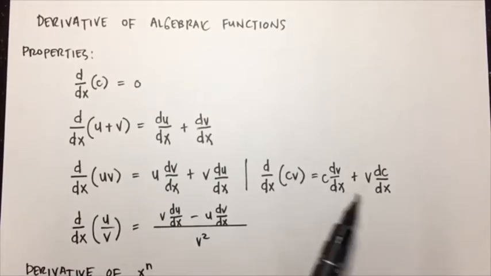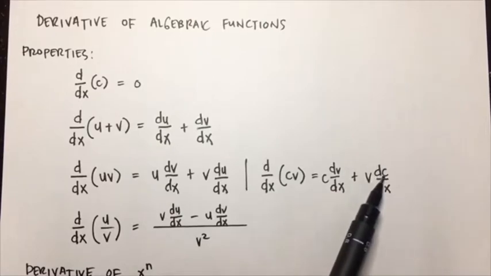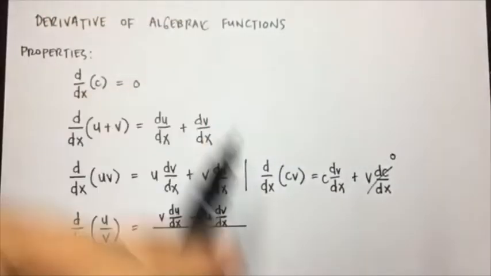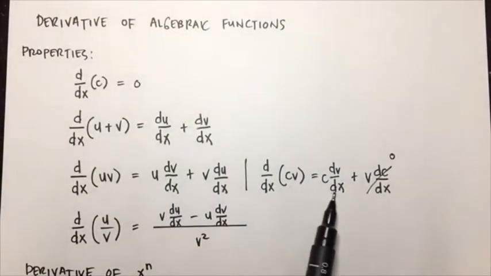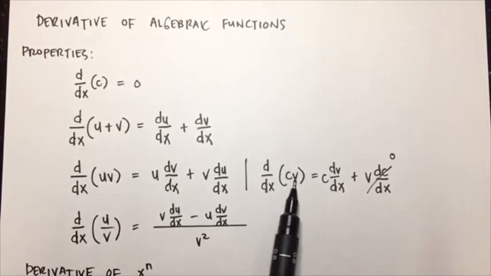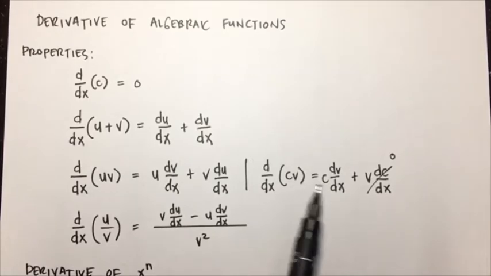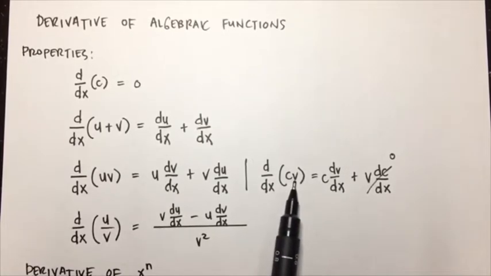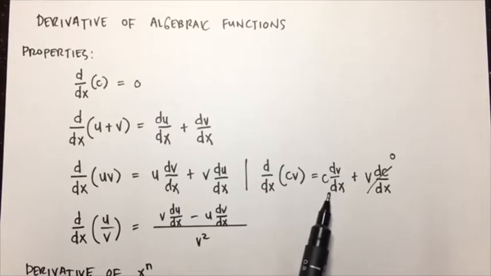But since we know that the derivative of a constant is 0, what will remain is this one. Whenever we have numerical coefficients, all we need to do is copy the coefficient and just multiply it with the derivative of the variable.